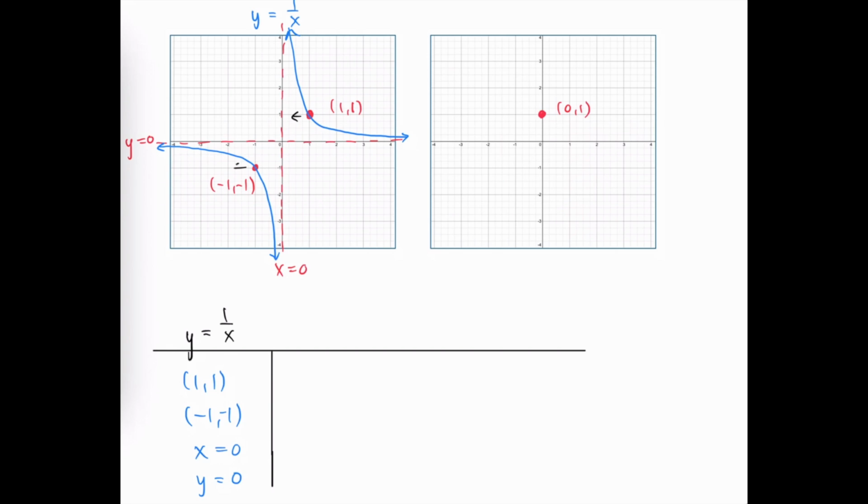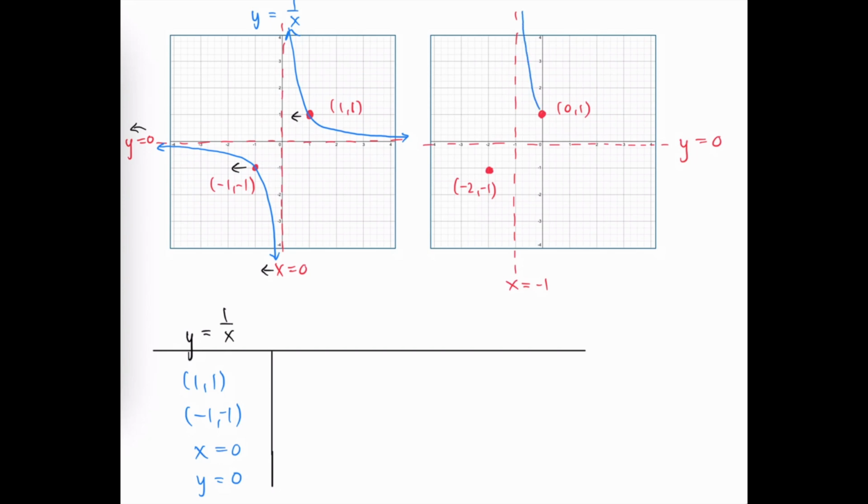The (-1, -1) ordered pair moves to the left 1 unit and lands at (-2, -1). The vertical asymptote is also going to go to the left 1 unit, and that's now going to land at x is equal to -1. In theory, we move the horizontal asymptote to the left 1 as well, but that's not going to change the position of that horizontal asymptote. It's still located at y is equal to 0.